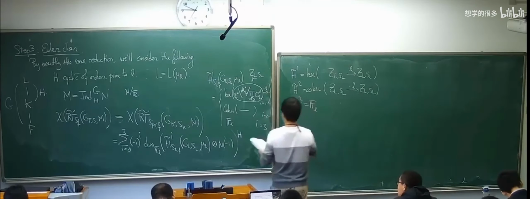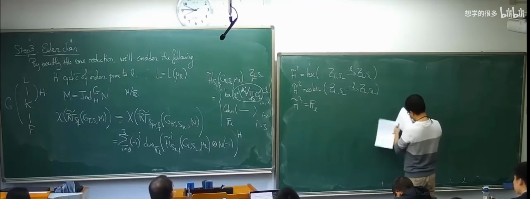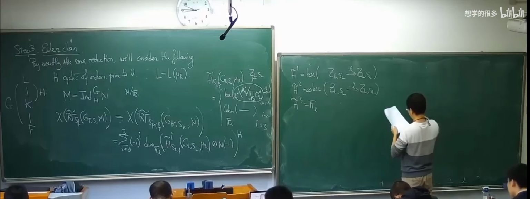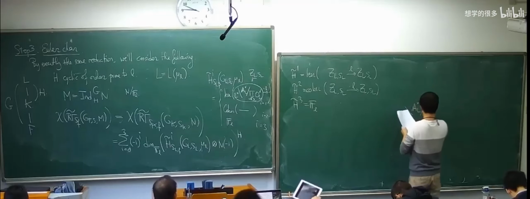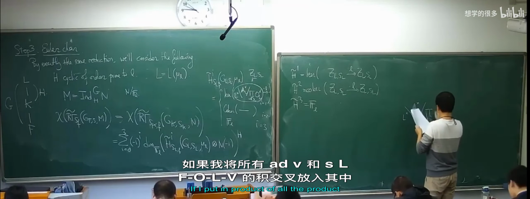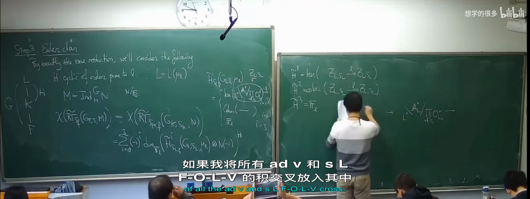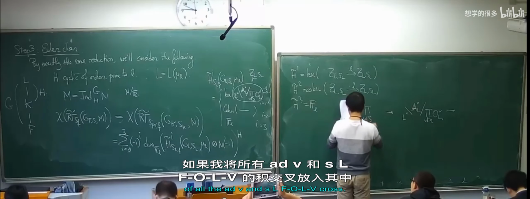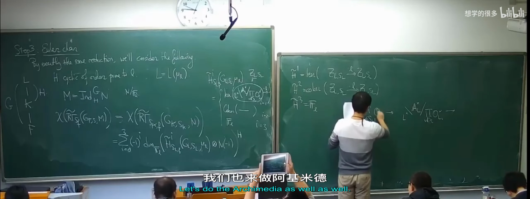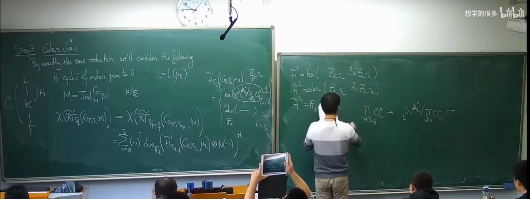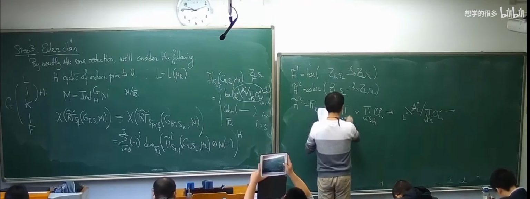So here's what it is. Let's analyze this thing. If I put in the product of all the v in S_L,F of O_{L,v} cross. Okay, let's do the Archimedean as well. I don't have to do the Archimedean somehow.